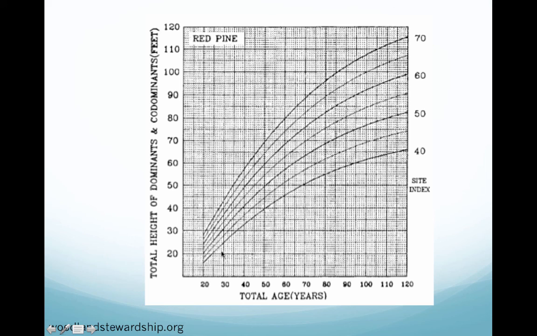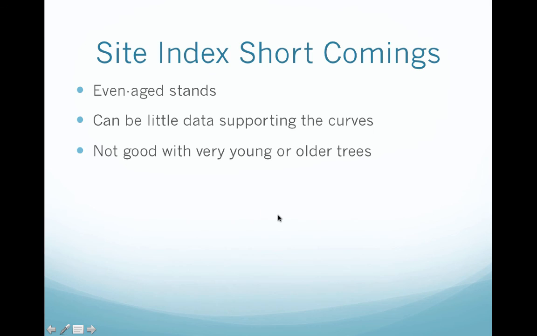Also, we see these curves are very idealized, so they're very smooth. Trees don't behave that way; there can be different relationships happening in here. Again, there are some shortcomings, but this is a great tool if you have an even age stand and you want to compare productivity. We'll talk about this more, but this is just to give you that first glimpse into what we'll be doing.